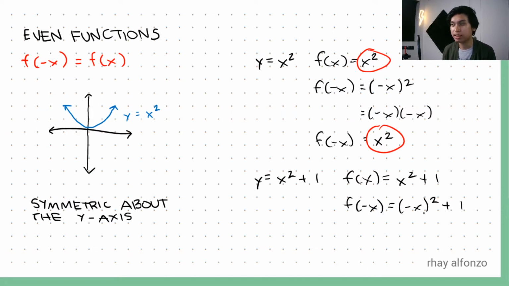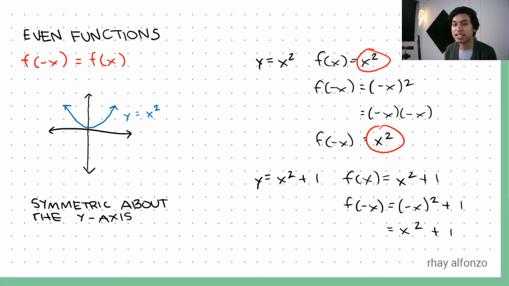We know that this simplifies to x squared, so we just copy plus 1. As you can see, even if there is a constant, the function remains the same. Therefore, our function is even. X squared plus 1 is even.